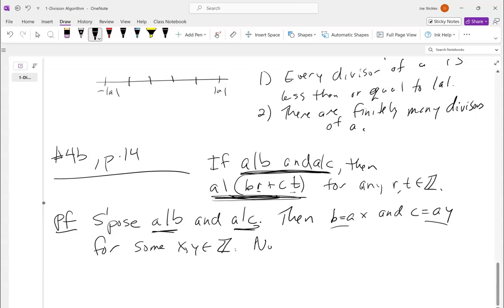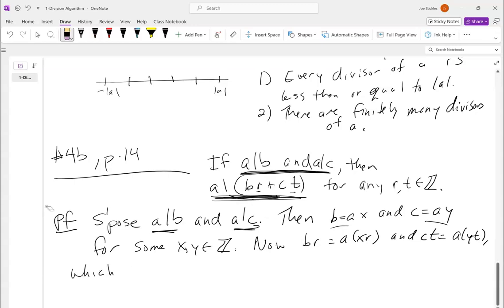So now, what's BR equal to? Okay, A, and I'll write it as XR this way. And CT would be AYT. And what does that give us?